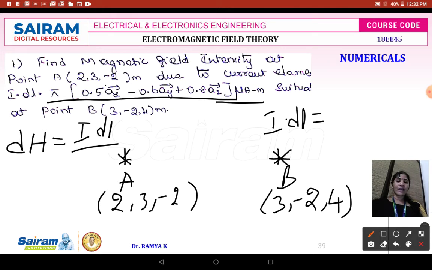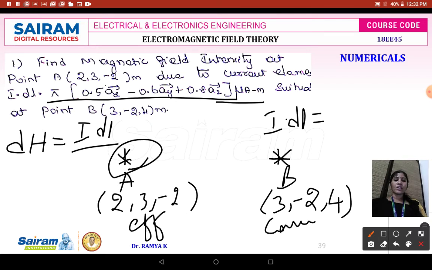This point, where we need the magnetic field intensity, is the effect, and the source is the cause. The cause and effect concept remains the same between electrostatics and magnetostatics. In electrostatics we use a dot product, whereas in magnetostatics we use a cross product.